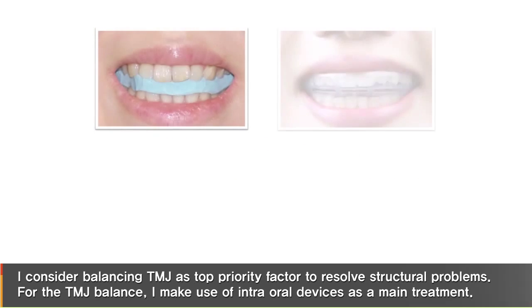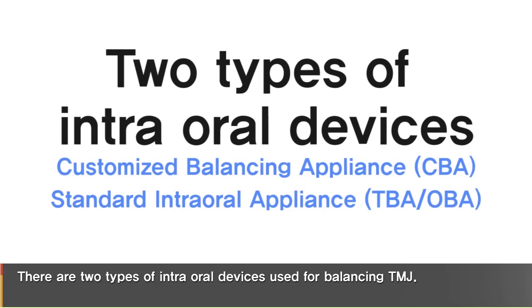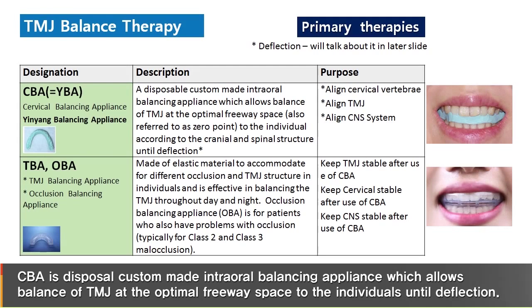For the TMJ balance, I make use of intraoral devices as our main treatment. There are two types of intraoral devices used for balancing the TMJ. CBA is a disposable custom-made intraoral balancing appliance which allows balance of the TMJ at the optimal free-weight space to the individual until deflection.